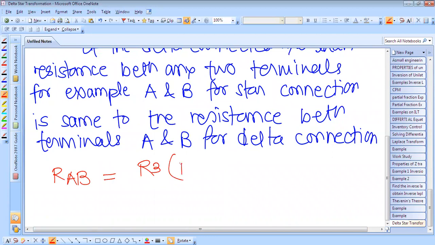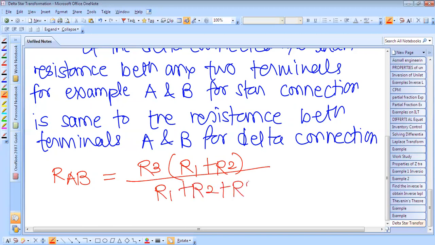Okay, so R3 into R1 plus R2 divided by the addition of all these three resistances. We'll give this the name equation number 1.